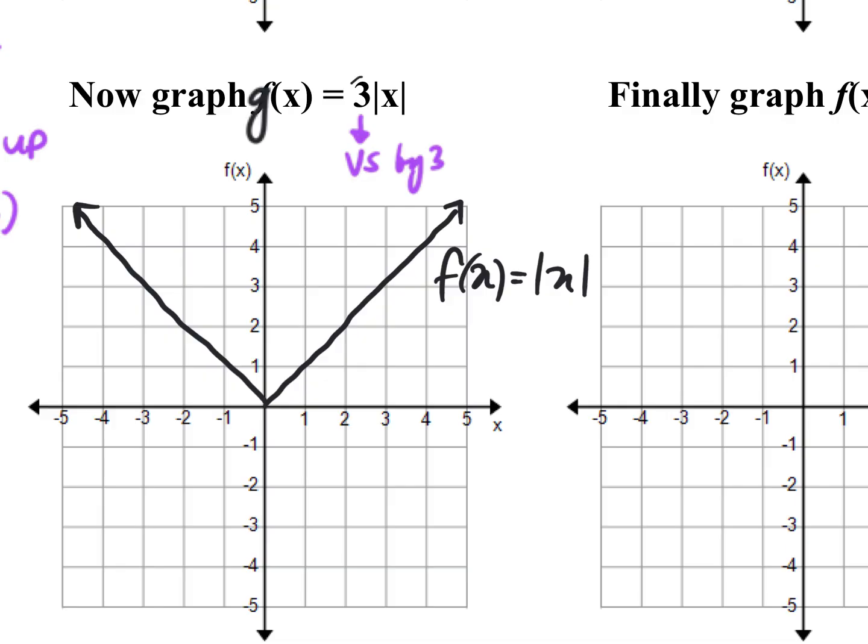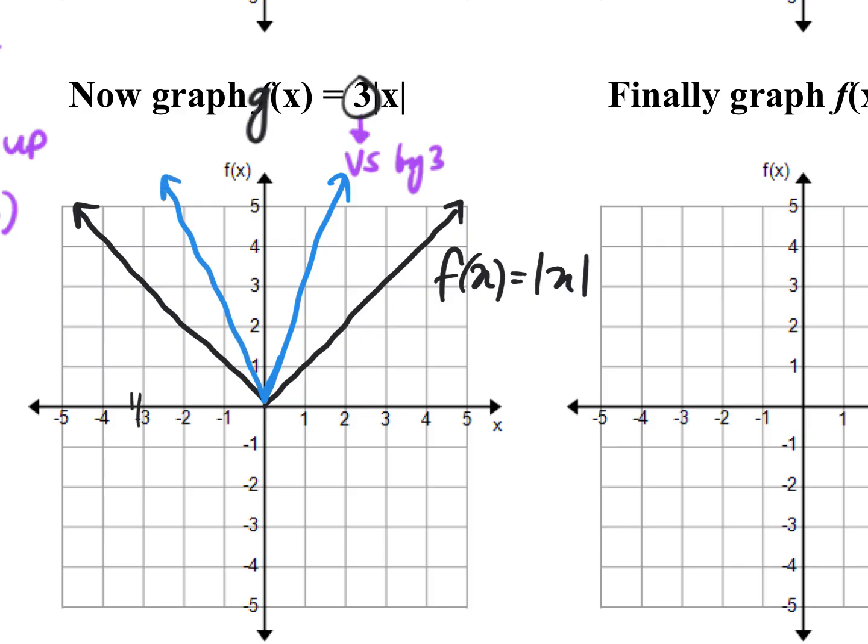So if you have a vertical stretch by a factor of 3, it means it stretches away from the x-axis. From the x-axis, it's going to be steeper. If I draw this one, it's not very accurate, but it's going to be steeper like this. That's called a stretch.